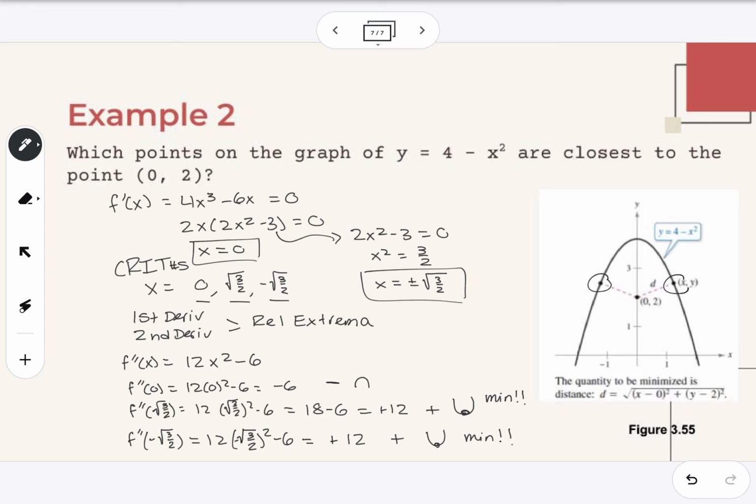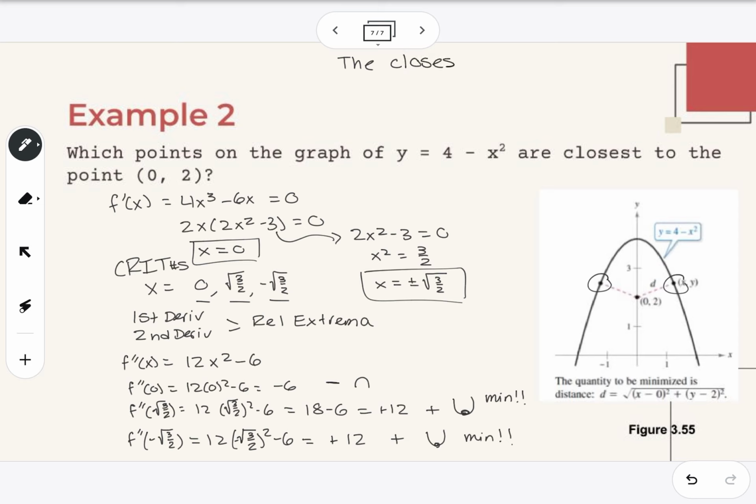And that should kind of link up with what we're seeing on our graph, right? I have 2 possible points. They should kind of have mirror image x values. So we just found our x values, square root of 3/2, negative square root of 3/2. So the closest points, I'm going to put our conclusion up here.